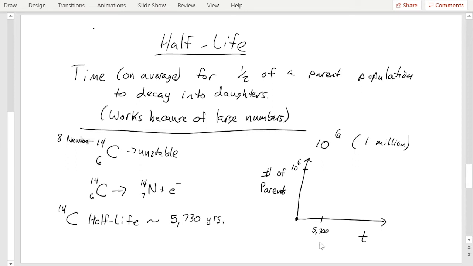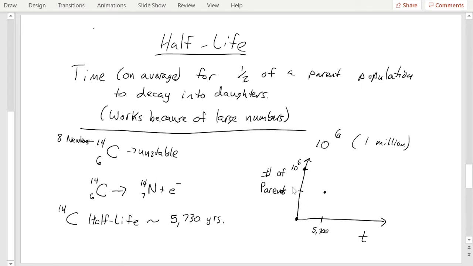and I'm going to round that to 5,700, the sample will have dropped by half. Well, half of a million is 500,000.